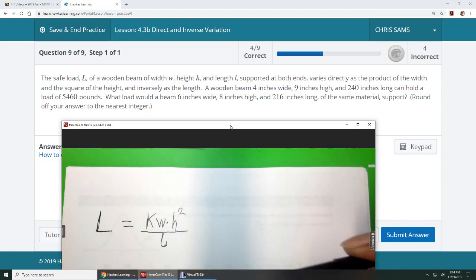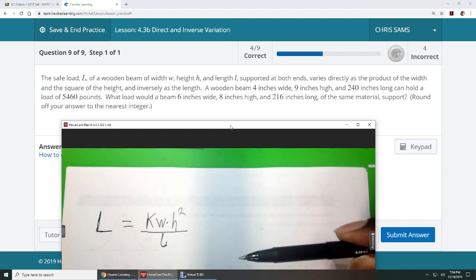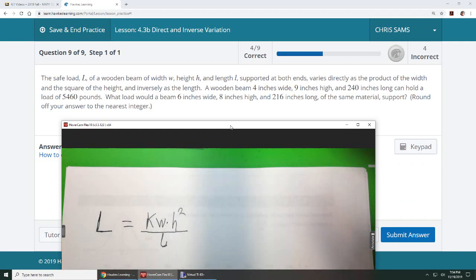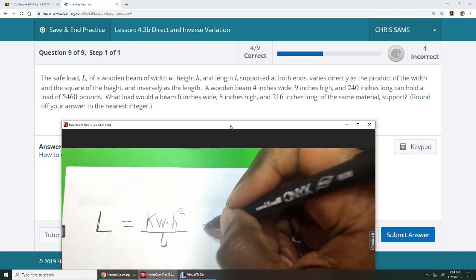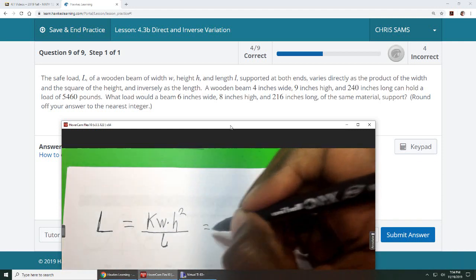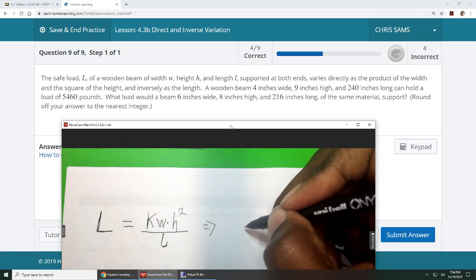It tells us that the wooden beam is 4 inches wide, so W is 4, so I'm going to start plugging everything in. So I don't know this one.